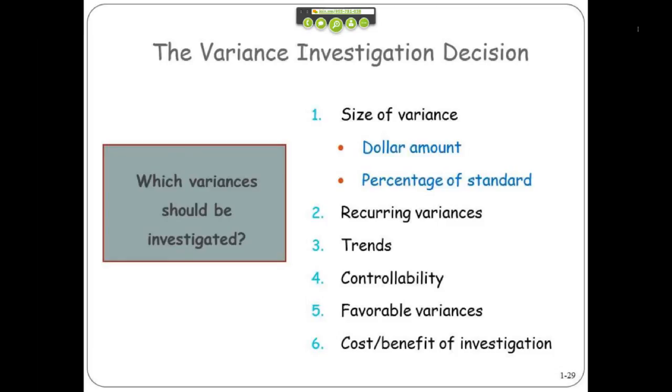And as with everything you do in the business world, cost-benefit. You only do an analysis of the problem if you expect to create value from that analysis. You don't do it just because you want to do an analysis.